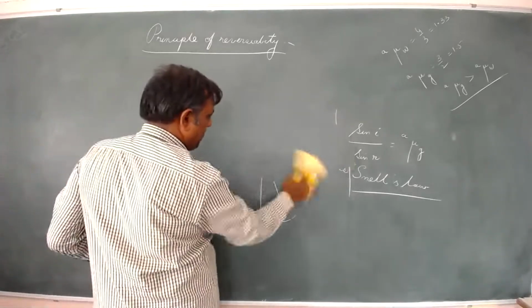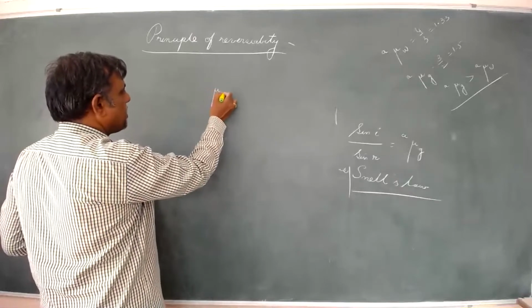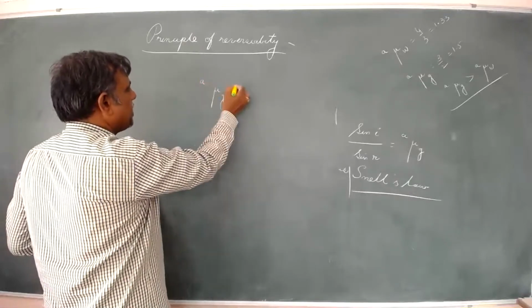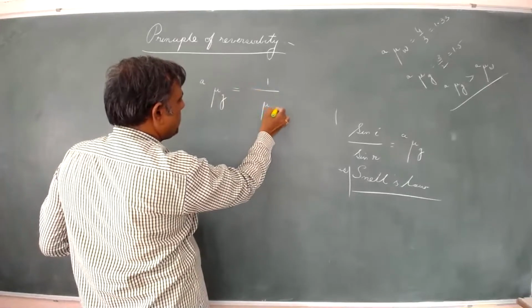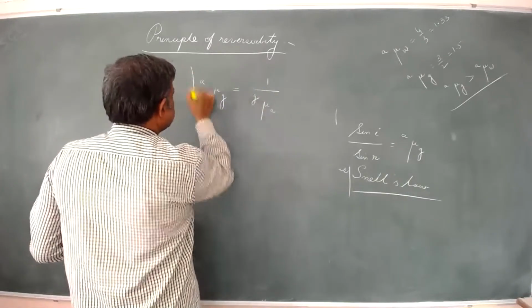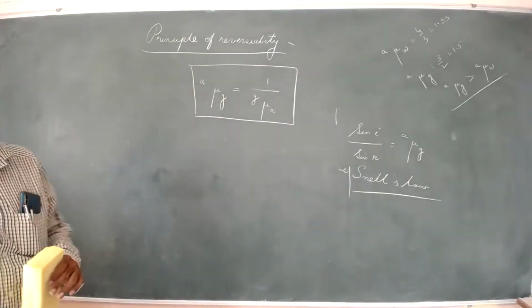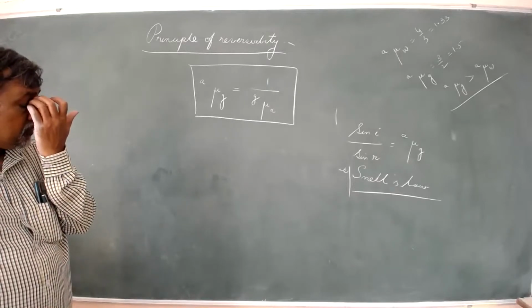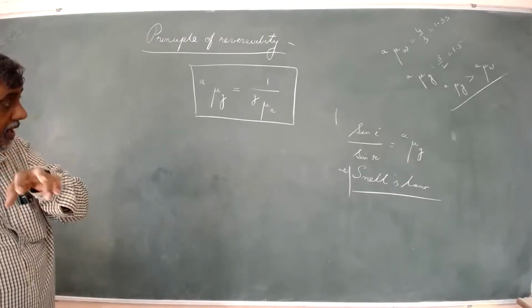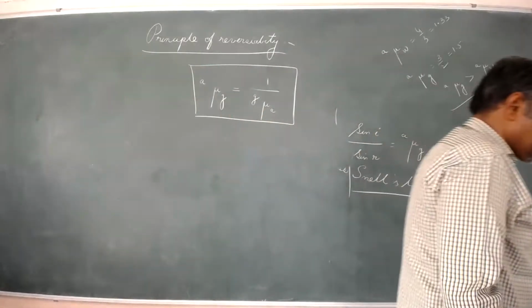Yes, Sagari, what is it? The refractive index of glass with respect to air is equal to 1 by the refractive index of air with respect to glass.